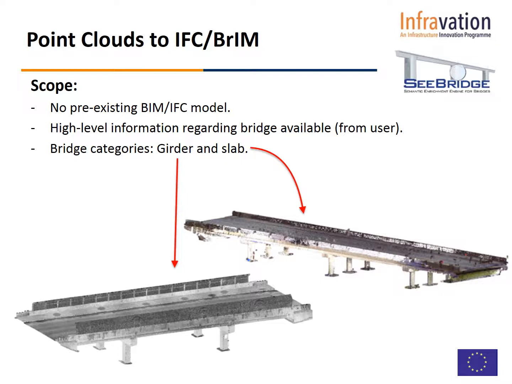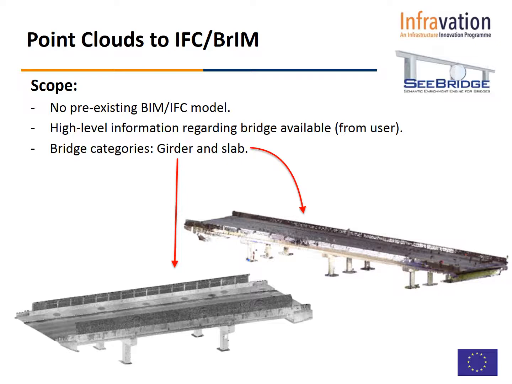Now, what we're going to consider is, what is the scope? What do we wish to accomplish in terms of a point cloud to solid model, or point cloud to what we call IFC? Well, first of all, we're assuming that no pre-existing model exists and that we need to synthesize one. Second, because it's actually quite difficult to do this with a random scan, we need some high-level information from the user that will facilitate the automated processing.